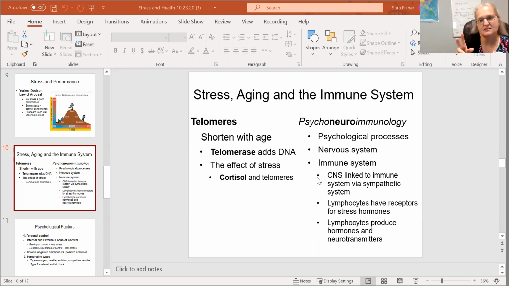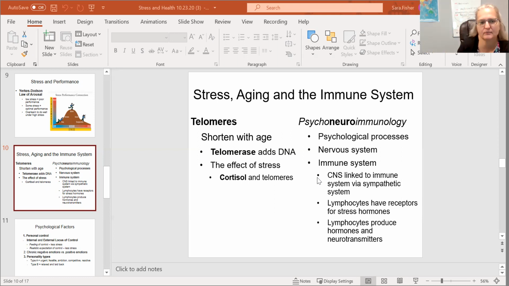Cancer is caused by cells growing out of control, that just continue to grow and continue to divide. My understanding is that the relationship between telomeres and cancer is that if there's too much, I think it's called telomerase, then those cells grow out of control.